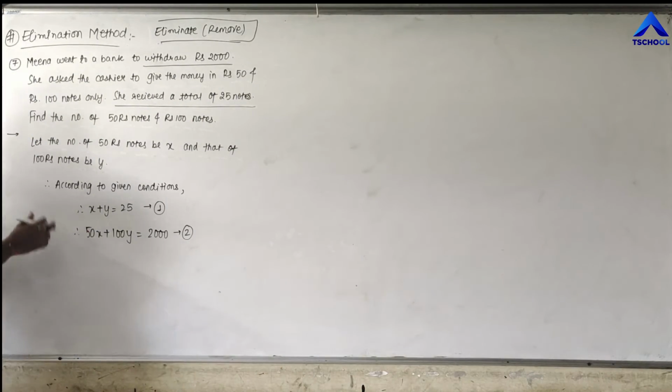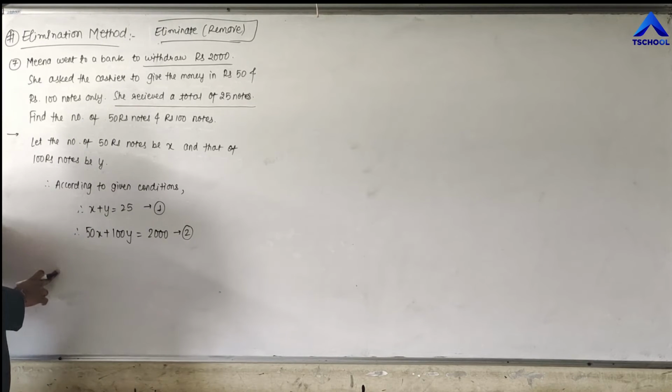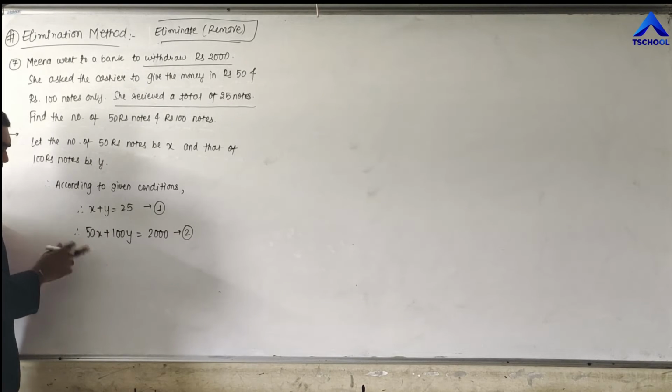Right, so we got the equations here: x plus y equals 25 and 50x plus 100y equals 2000 rupees. Now to eliminate a variable, we need to multiply equation number 1 by either 50 or 100.